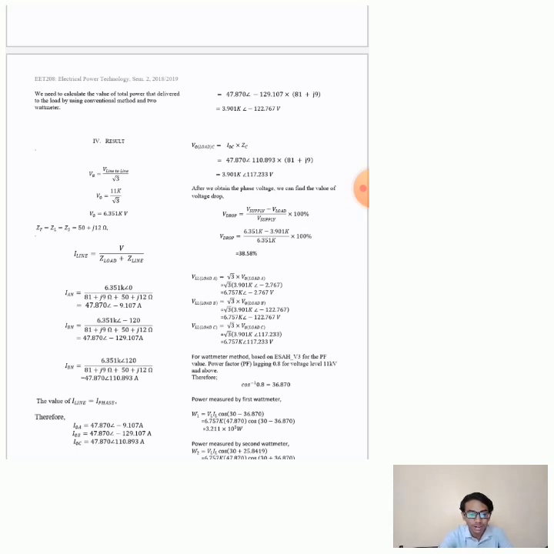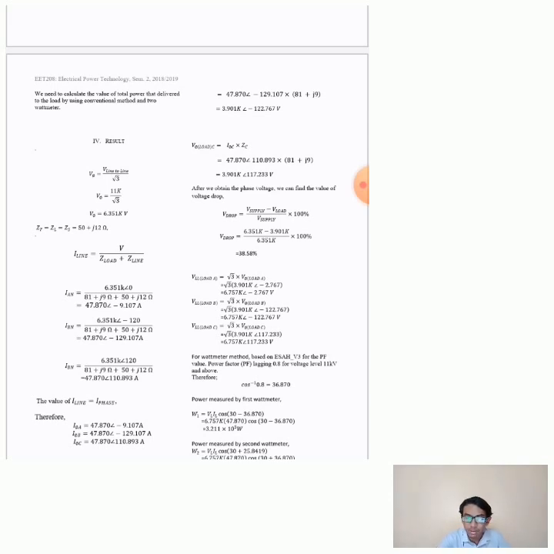After that, we will calculate the V phase for load B in the same way, using I phase B and ZB, which is also from the metric number given. Then we calculate the V phase for load C, using I phase C and ZC given in the metric number.